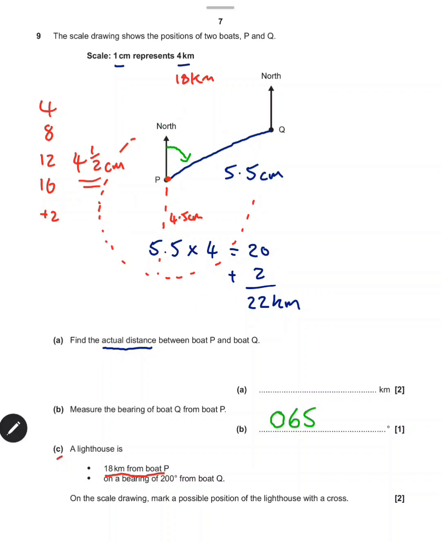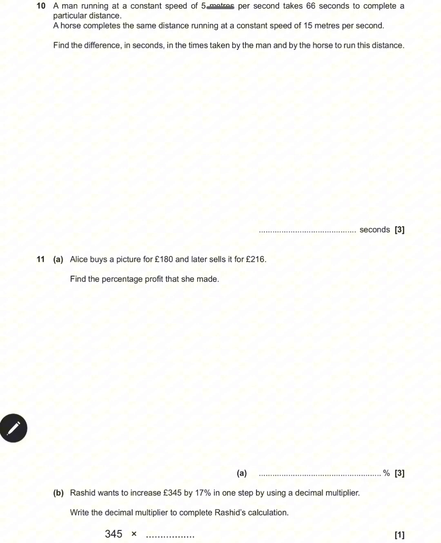But then it says on a bearing of 200 degrees from Q. So what I'm going to do is grab a protractor and measure around 200 degrees, which would be approximately there. And if I draw a line along that point, then where those lines cross is where my boat is.